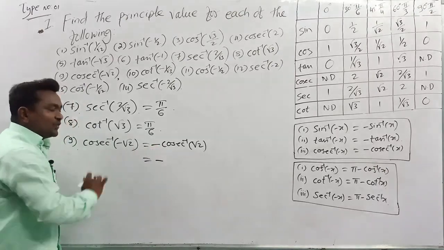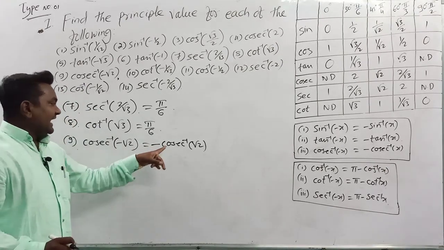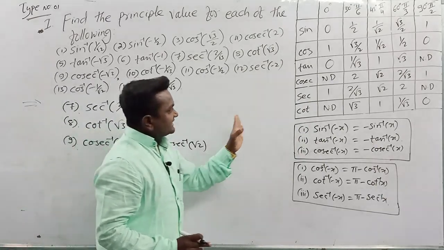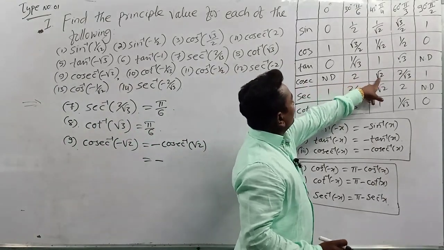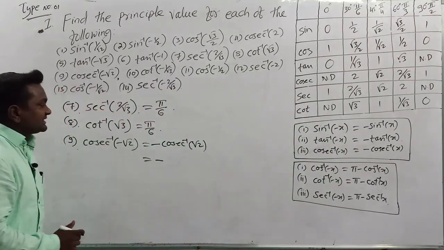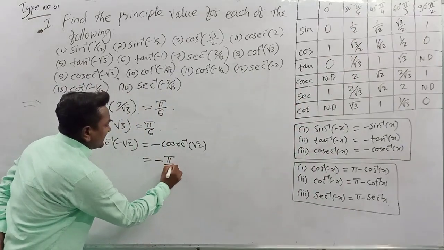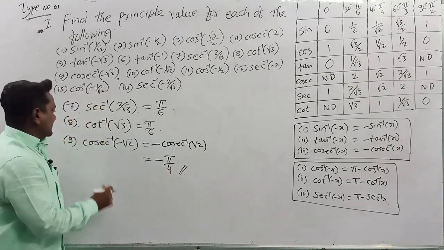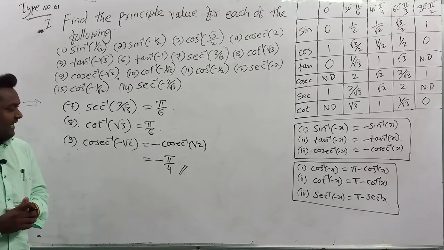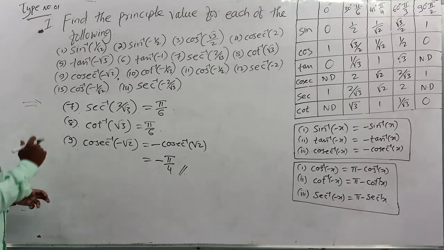Now keep the minus outside as it is, and replace the value for cosec inverse root 2. So cosec inverse root 2 value is 45 degree, which means pi by 4. So cosec inverse minus root 2 is equal to minus pi by 4. Now continue.